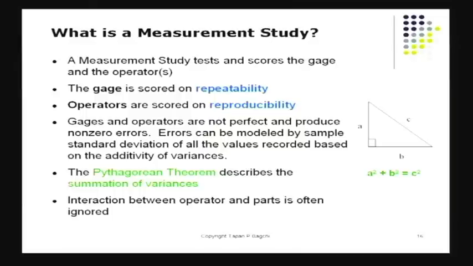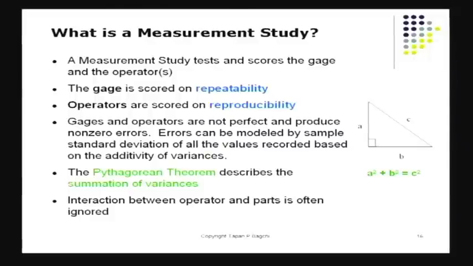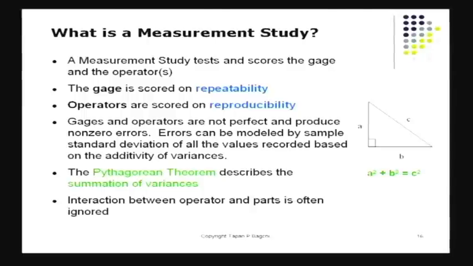Now, there is something very interesting, of course. In most cases, these different factors, one of which was reproducibility, the other was repeatability, many times their effects do not interact. And that's a really good thing for us, because it allows us to utilize a principle that we learned back in high school, the Pythagorean theorem.